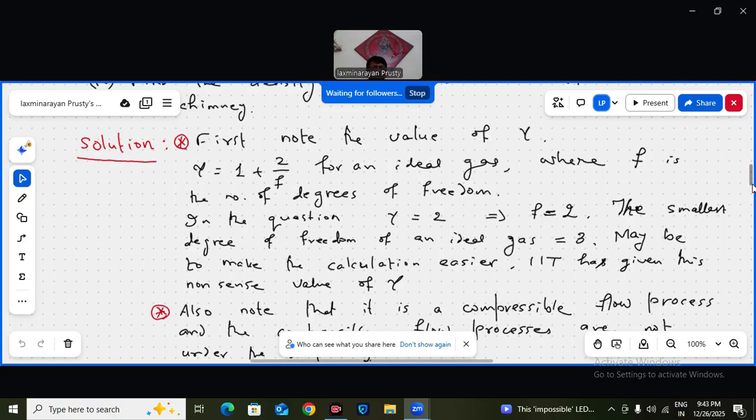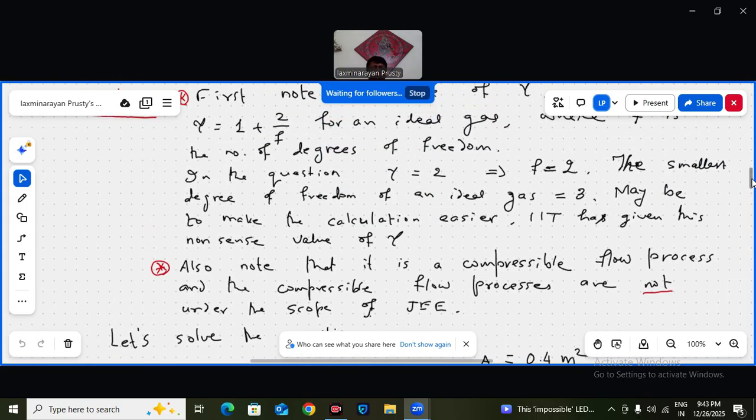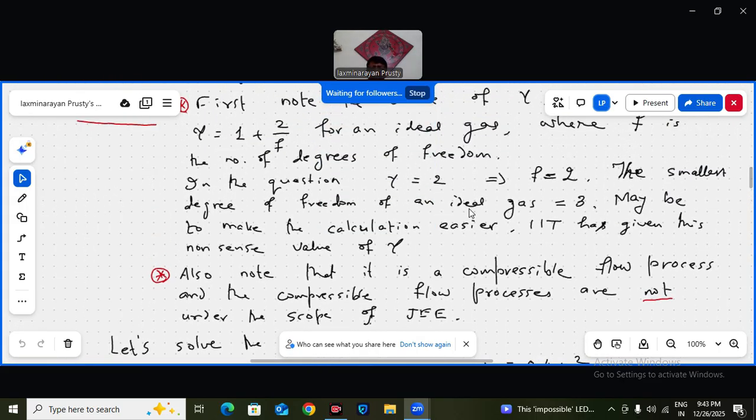A degree of freedom of 2 for an ideal gas looks very odd to me, because the smallest degree of freedom of an ideal gas is 3, a monoatomic gas. Even if we ignore all the rotation and vibration, translation is 3-dimensional, which gives 3 independent modes of motion.